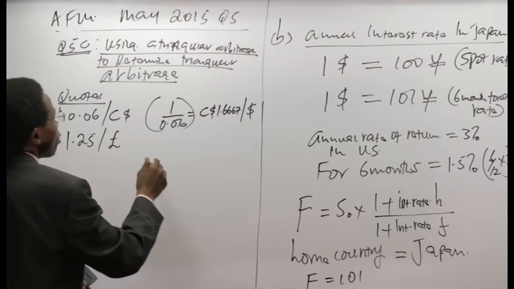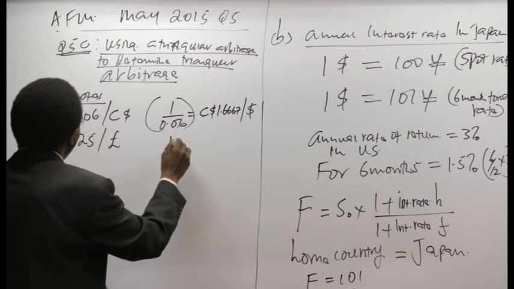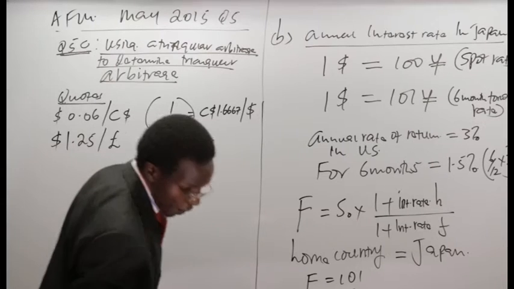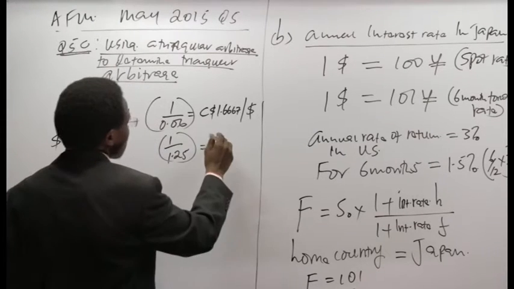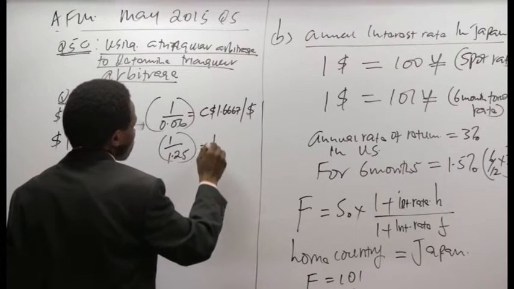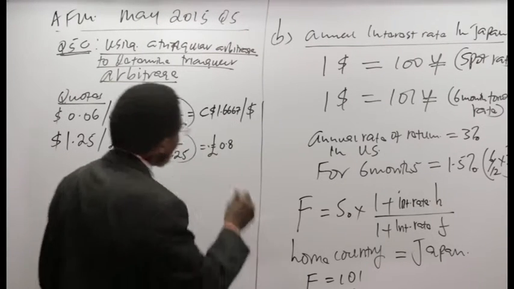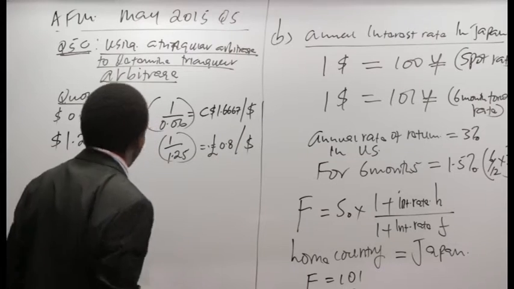This can also be written as, if you take 1 over 1.25, you'll definitely get what they have given you there as 0.8 per US dollar.